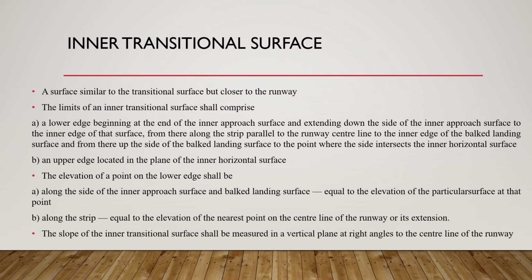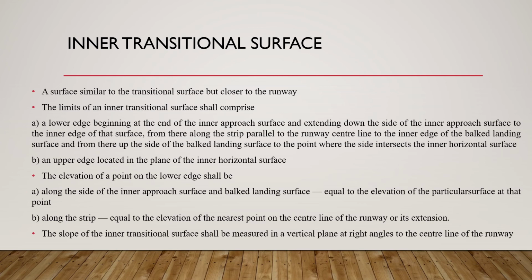Whereas for an inner transitional surface, the lower edge begins at the end of the inner approach surface and extends down parallel to the runway center line till it meets the inner edge of the balk landing surface. The upper edge, as with the transitional surface, lies in the plane of the inner horizontal surface.